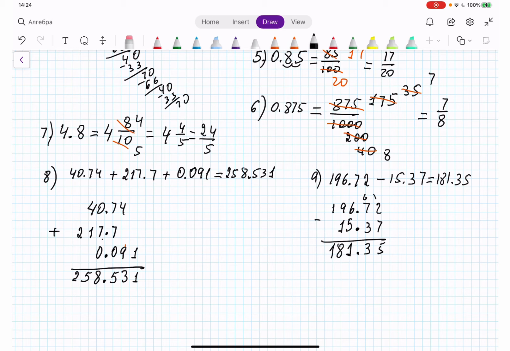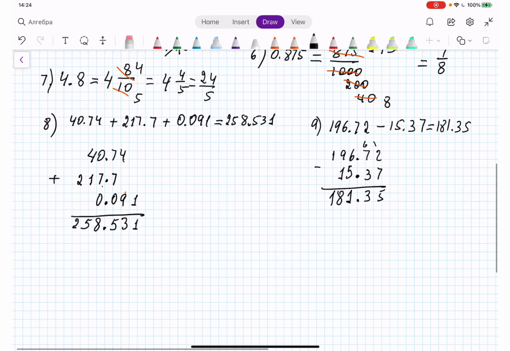Number 10. We are going to multiply decimal notations. 6.43 times 4.3.